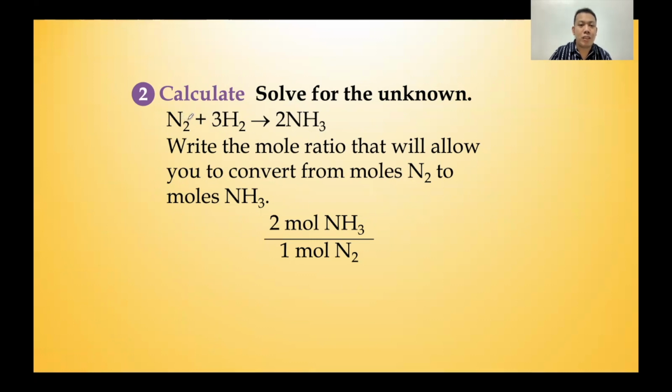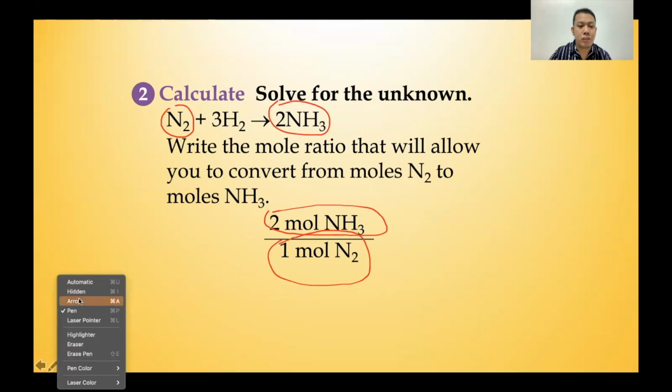So again, this is a balanced equation. You have here 2 mole of ammonia, and this is this one, and then 1 mole of N2, this one. Okay, so let us continue.